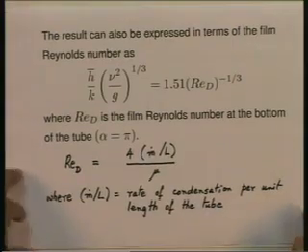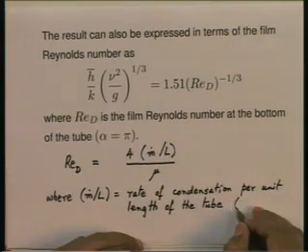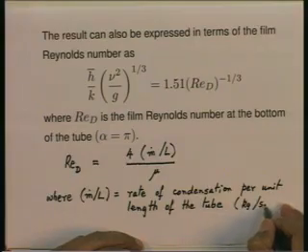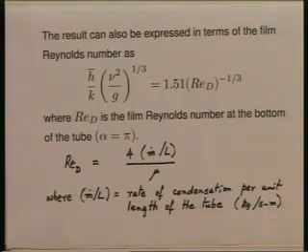So, the units of m dot by L will be kilograms per second per meter length, kilograms per second meter, that will be the unit.